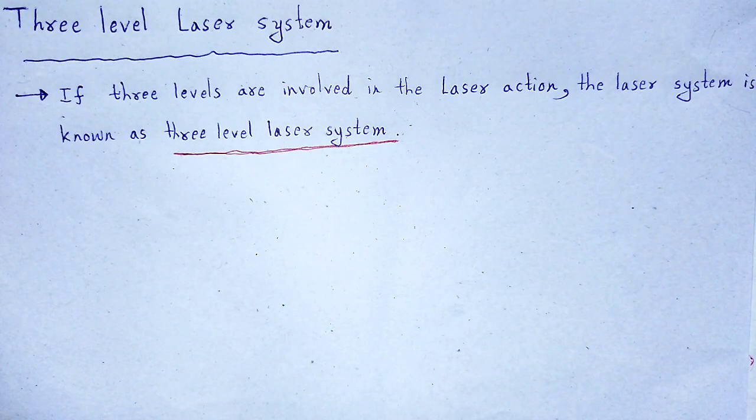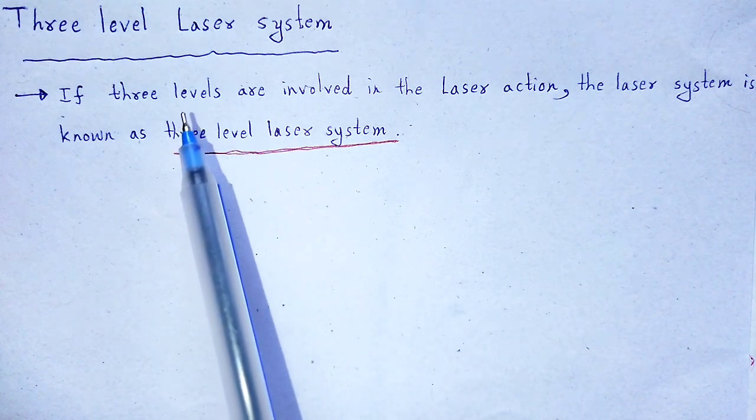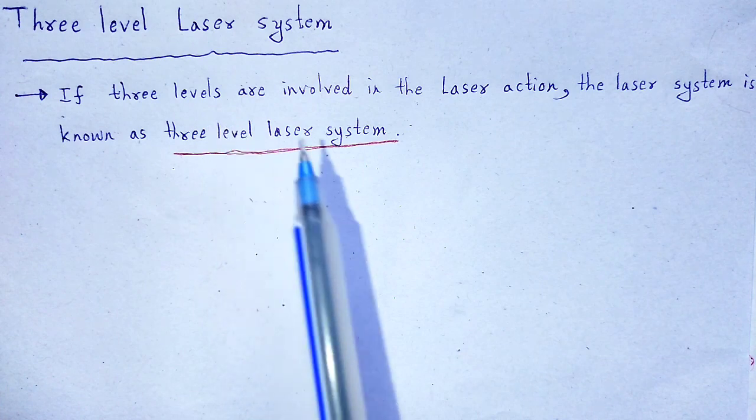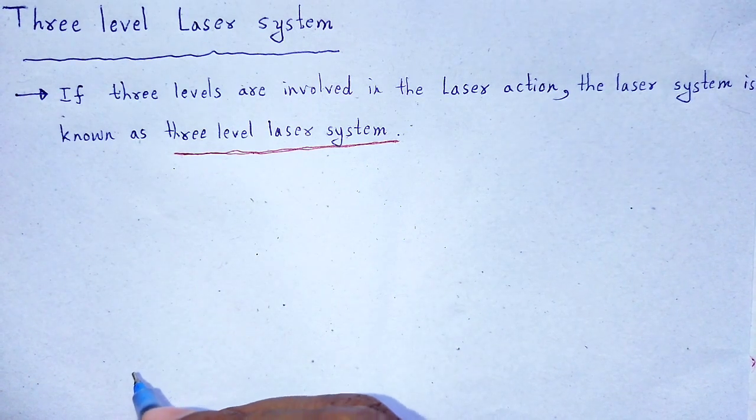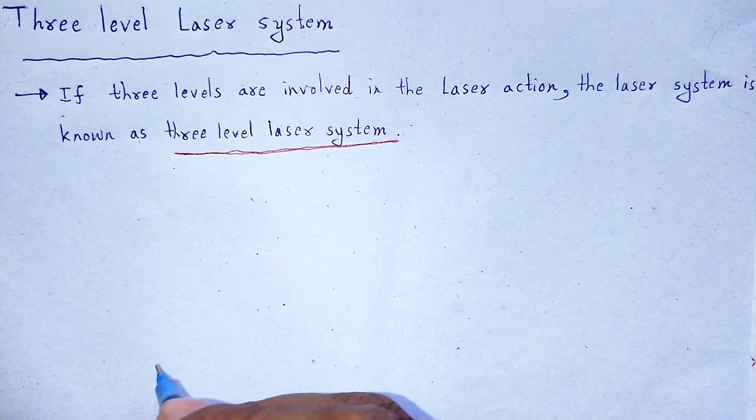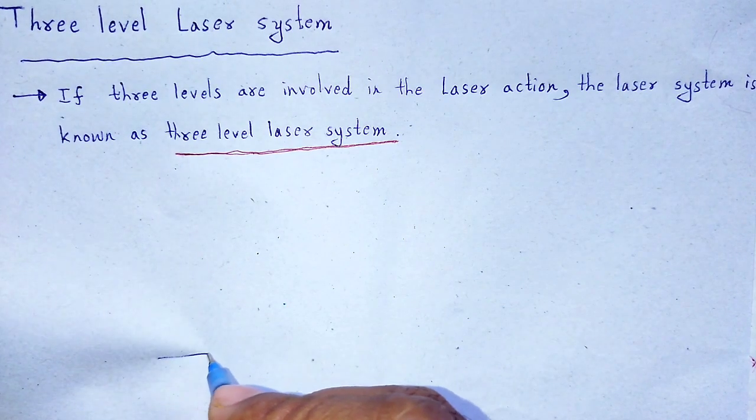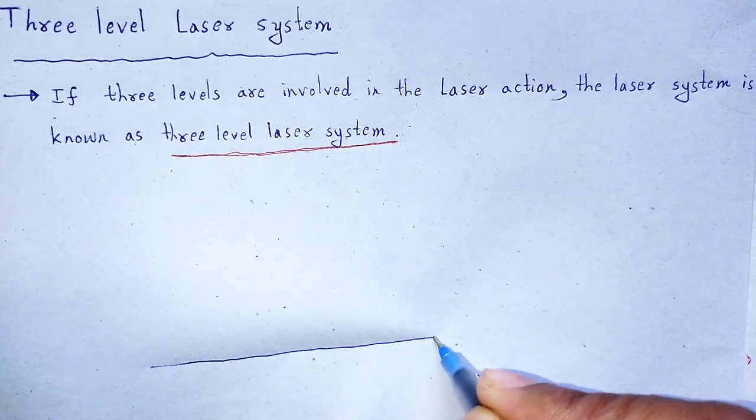Let us consider an atomic system characterized by discrete energy levels, and here 3 energy levels are involved. In order to show that, we have to draw the energy levels.